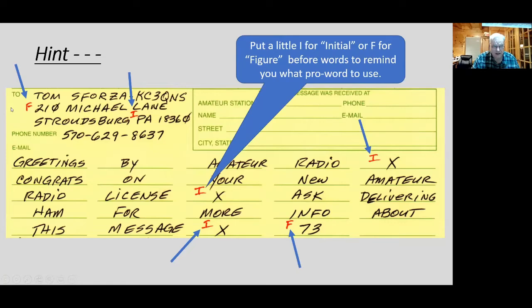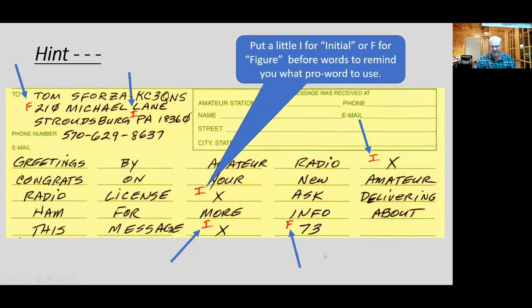So when I was sending the thing out, Tom Sforza, I spell Sierra Foxtrot Oscar Romeo Zulu Alpha, Amateur Call Kilo Charlie 3 Quebec November Sierra, figures 210 Michael Lane, Stroudsburg, initials Papa Alpha, I put an I there, and the same thing in the text, initial X-ray, little F for figure 7-3.